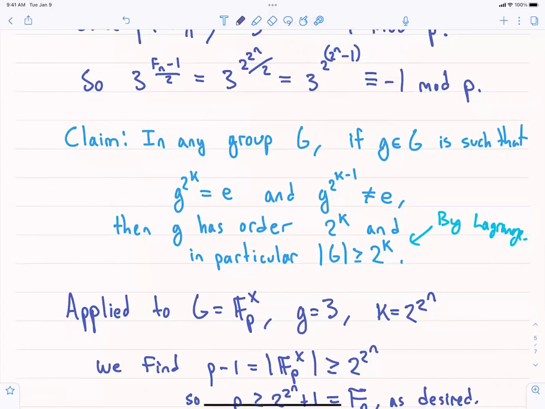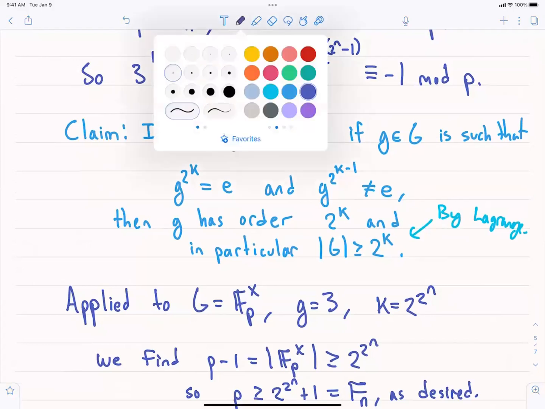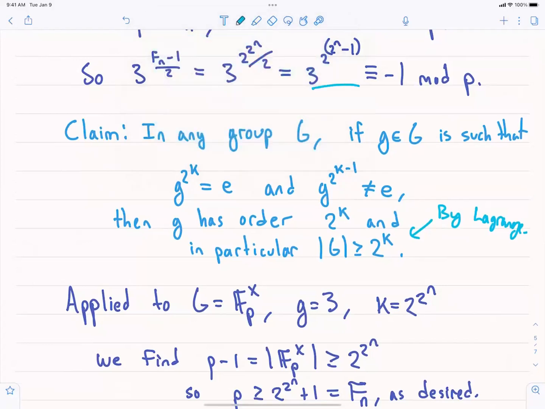But on here, if I square both sides of this equation, I get 3 to the 2 to the 2 to the n here, and this is just congruent to 1 mod p.